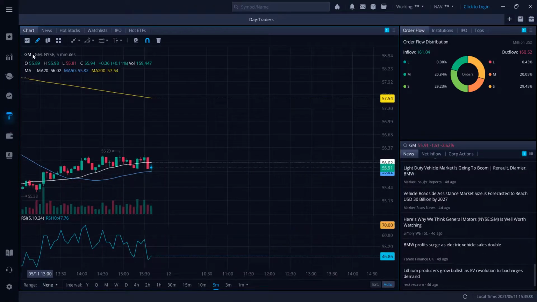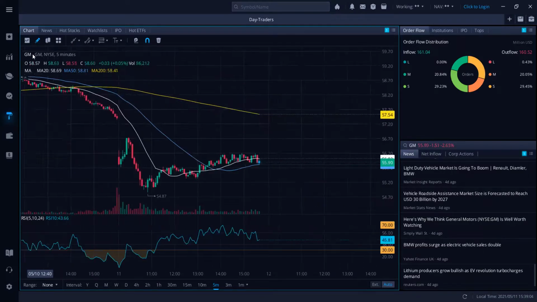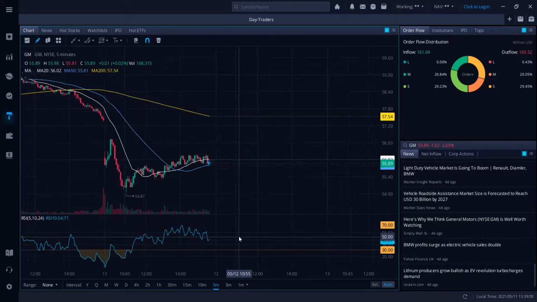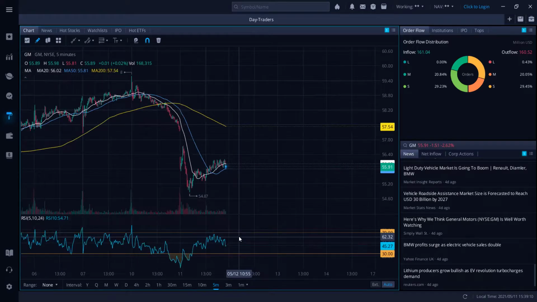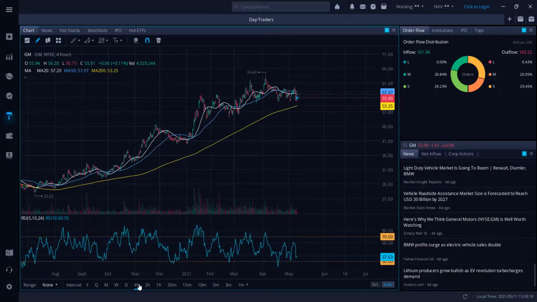All right, so we're talking technical analysis today, right? We're using the Webull app. This is going to be something that you'll be able to take with you throughout your journey. As you can see, we like to go long term.